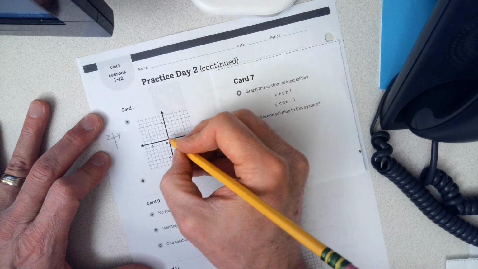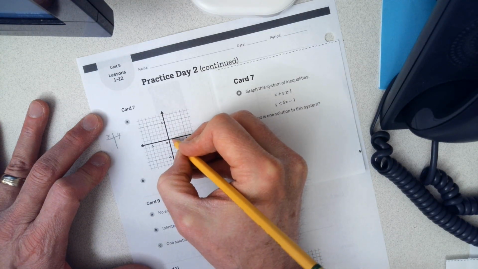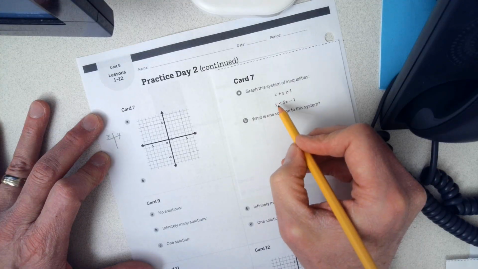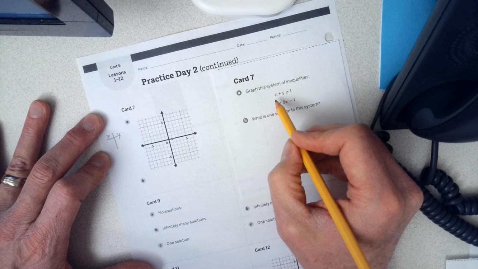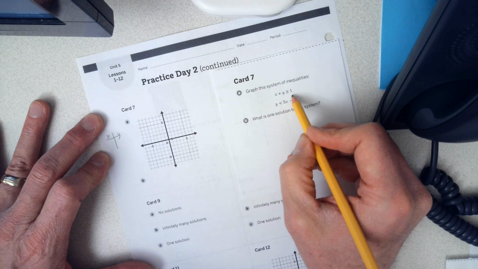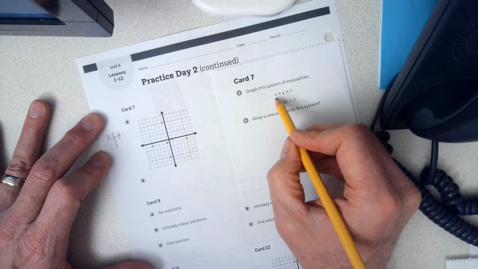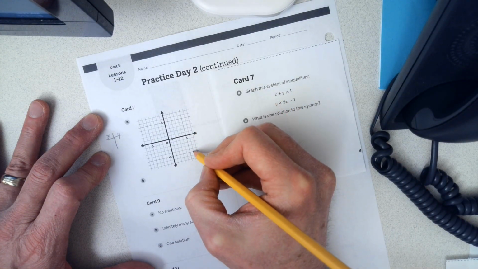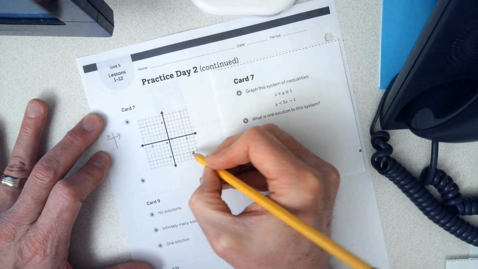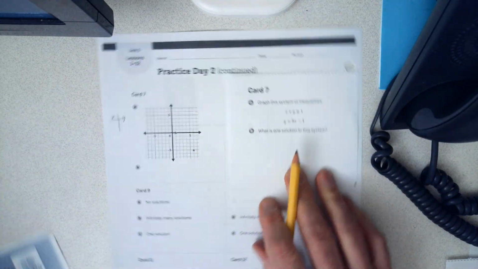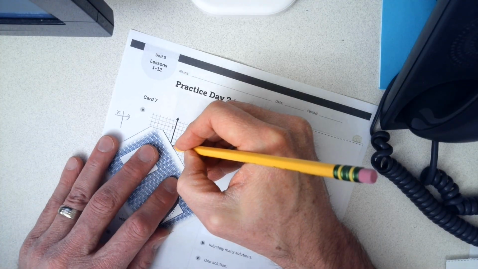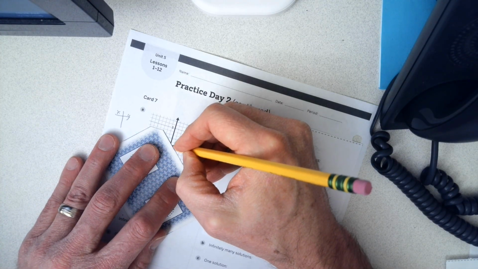Well, if x was 1 and y was 0, that would work. An x of 6 and y of -5 would also work. 6 minus 5 is 1. I like to get it a little farther away from that other point. This is a greater than or equal to, so that should be a solid line going through there.